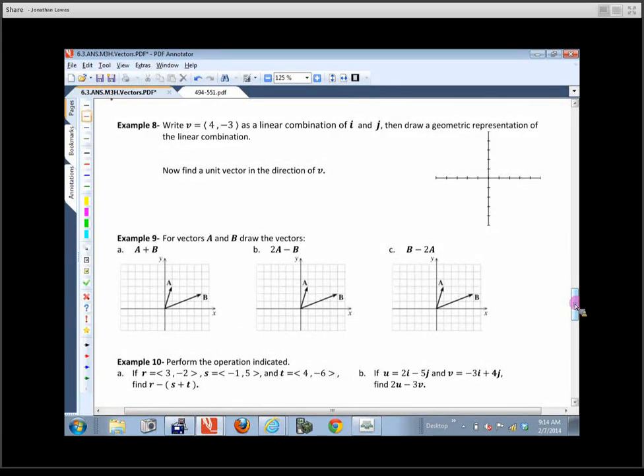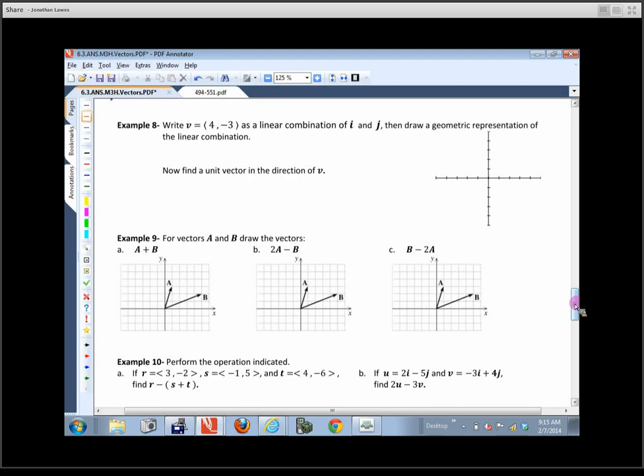Number 8 says, write vector v, which is <4, -3>, as a linear combination of i and j, and then draw a geometric representation of the linear combination. Does that sound hard? If you got what I said in those 5 things that we were talking about, this should be really easy.